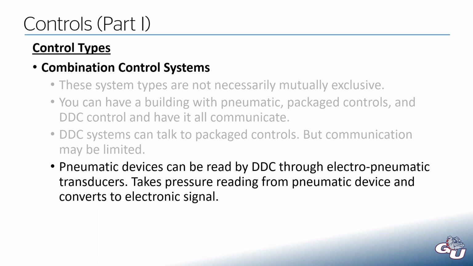So you could still have a pneumatic temperature sensor reading the temperature of an airstream and outputting a pressure. And then if you put this transducer in, you can still read that temperature through the DDC system.